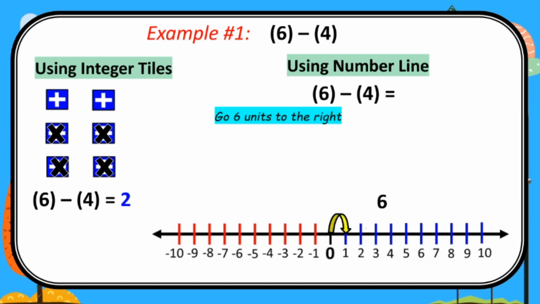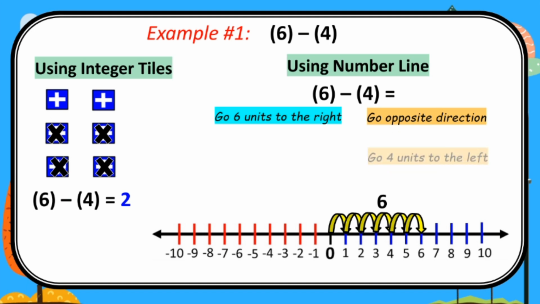So, we have 1, 2, 3, 4, 5, and 6. Our subtrahend is positive 4. Pero, sabi dyan, go opposite direction. So, pag sinabing opposite, yung kabaligtaran ng positive 4. So, go 4 units to the left tayo. So, yung positive 4, magiging negative 4.